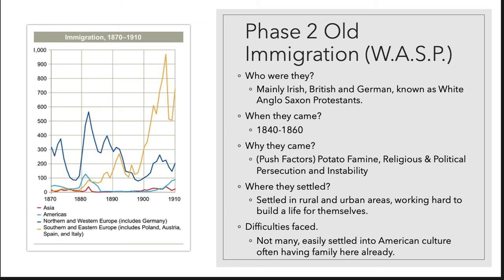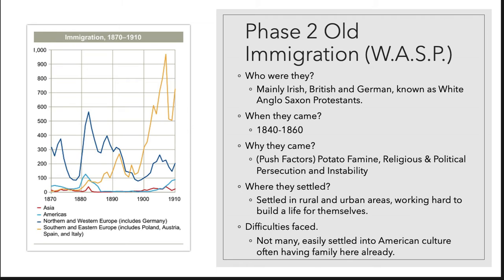A lot of Americans can trace their ancestry back to these places, so it's not very far off from the Americans that were already here, which lends a hand into why they didn't face very many difficulties in settling here.